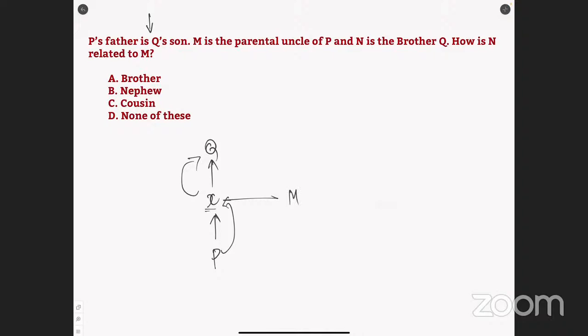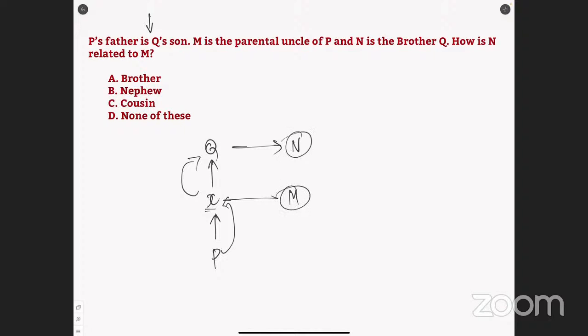M is the paternal uncle of P. And N is the brother of Q. Q also has a brother. Who is Q in terms of P? Q is P's grandfather. So this grandfather has a brother, and that person is N. Okay. Now the question is, how is this N related to M?